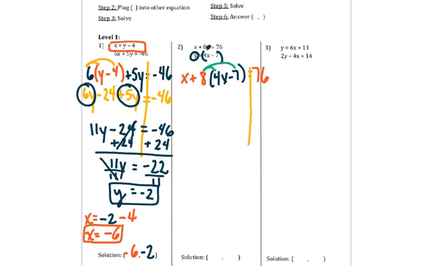Now go ahead and solve this: get rid of parentheses, combine like terms, and solve for x. Once you have solved for x, you can plug that value back into the second equation and get y equals a certain number. So number 2, and then try number 3, very easy.